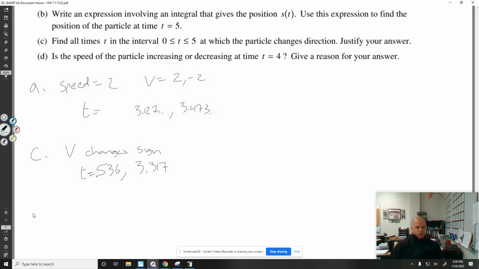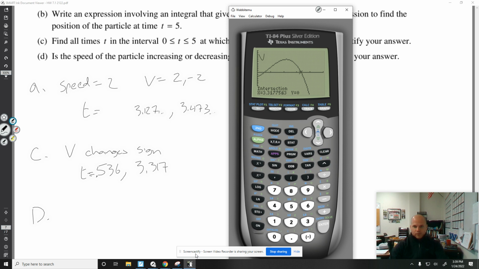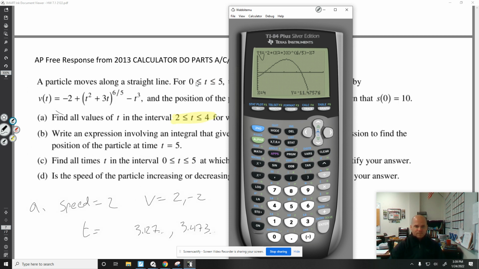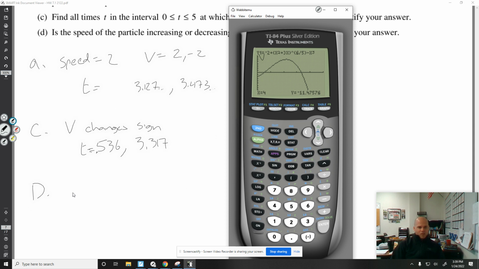Is the speed of the particle increasing or decreasing? Give a reason for your answer. You're given velocity. What's going on at t equals 4? I feel like I typed it in wrong. No, looks good. My velocity at time 4 is negative 11.475. That means my position's decreasing, I'm moving to the left. Let's look at the derivative of velocity, which is my acceleration.